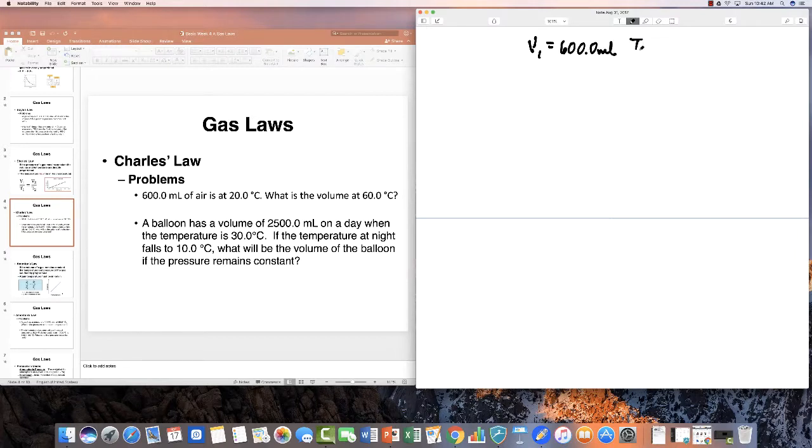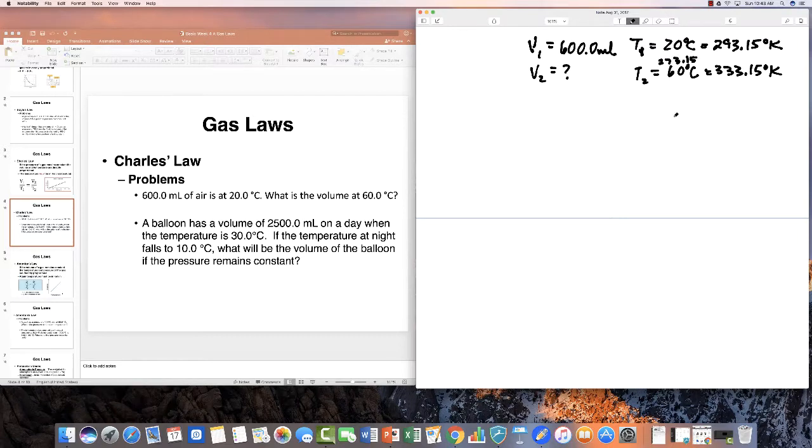The first temperature T1 is 20 degrees centigrade, which if you add 273.15 to that, you get 293.15 degrees Kelvin. V2 is what you don't know, and T2 is now 60 degrees. If you add 273.15 to that, you get 333.15 degrees Kelvin.